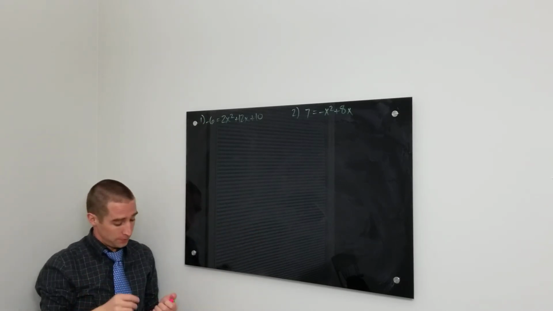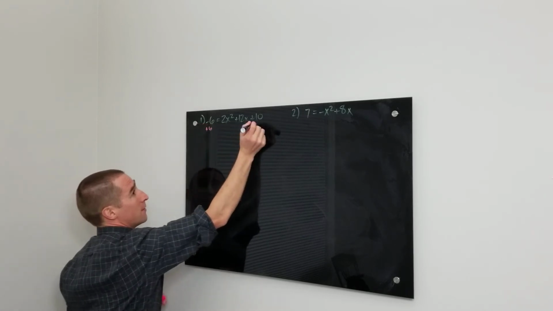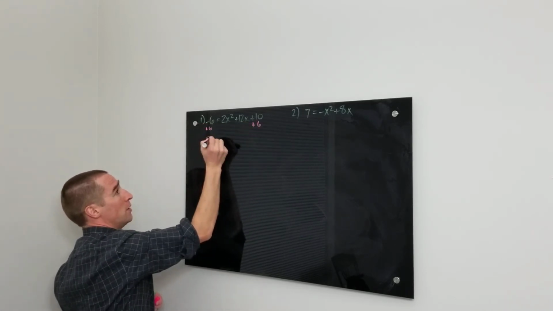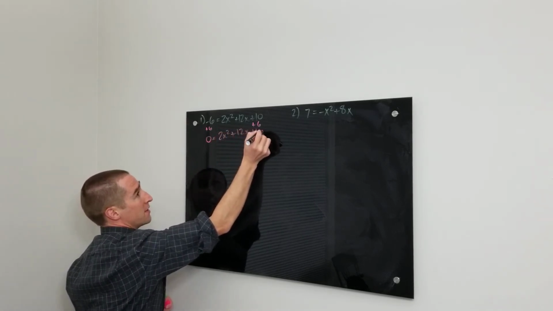What we could do is add 6 to both sides and get 0 equals 2x squared plus 12x plus 16.